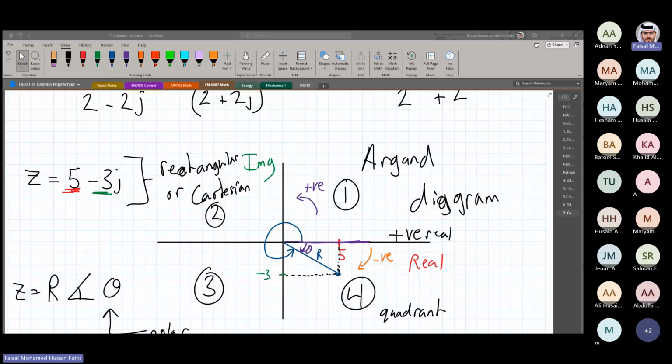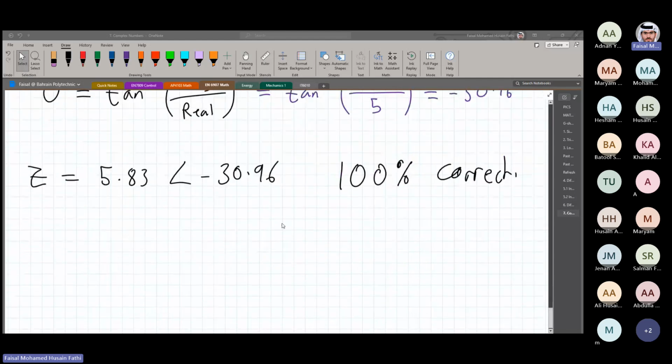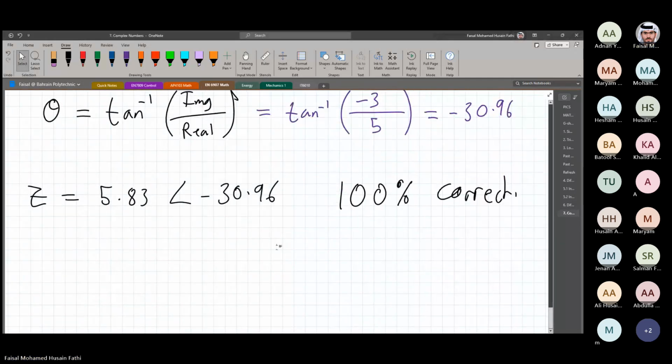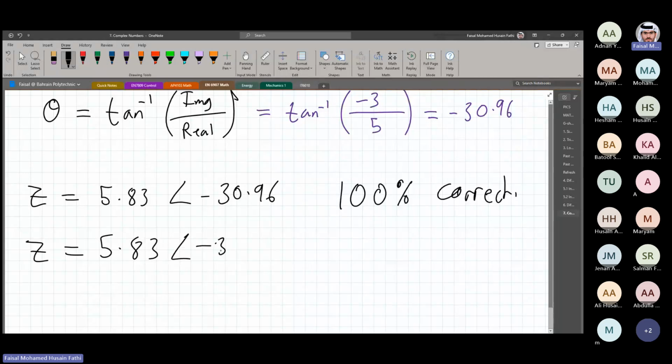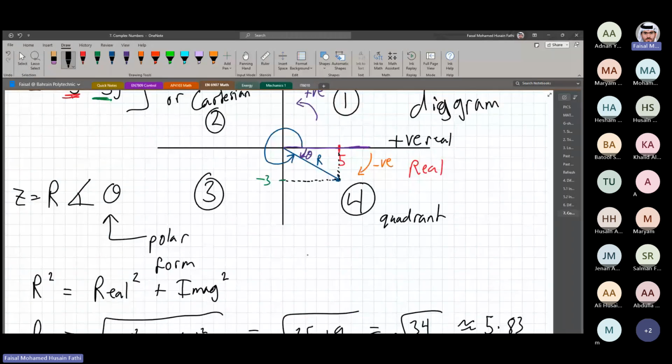Again, I don't see any information about this, but my recommendation, in this case, because it's negative, I would convert it into the positive value, which is 5.83 angle minus 30.96 plus 360. So in the fourth quadrant, you could say 360 plus theta. Why is it 360 plus theta? A full circle is 360.